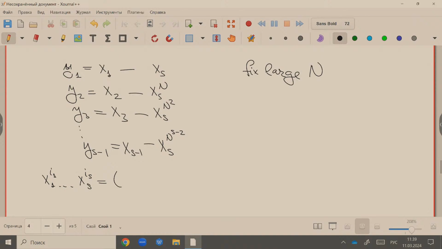It will result in this change of variables, y1 plus x_s^i1, etc.